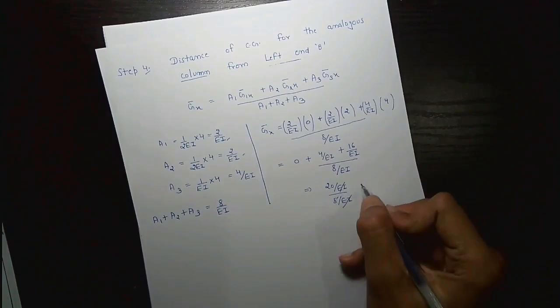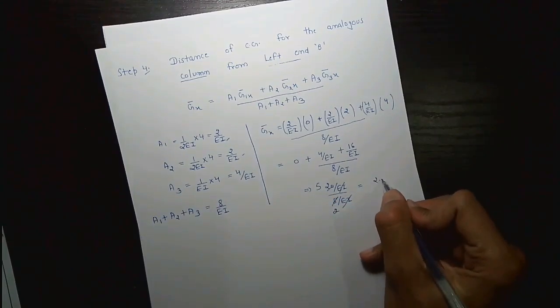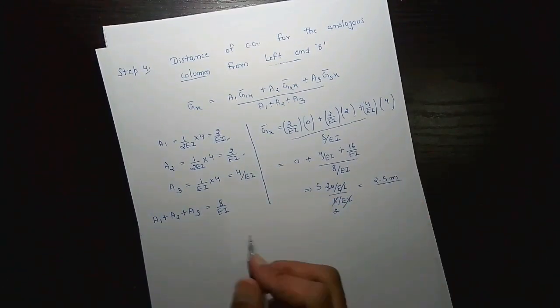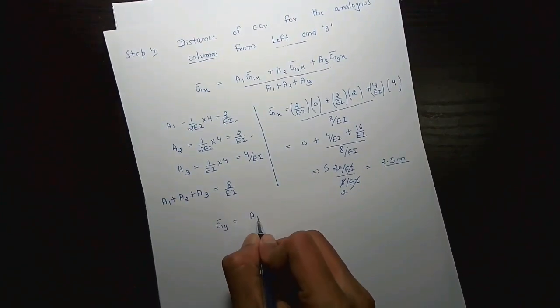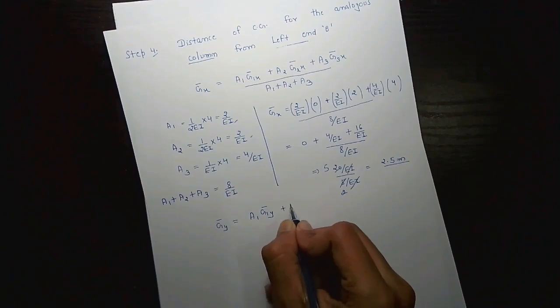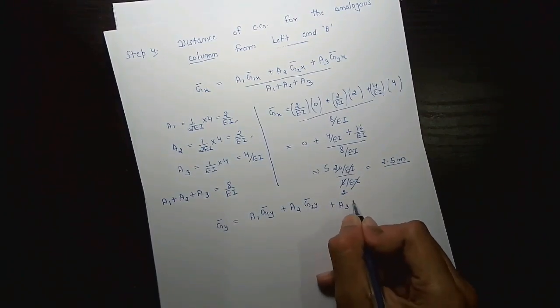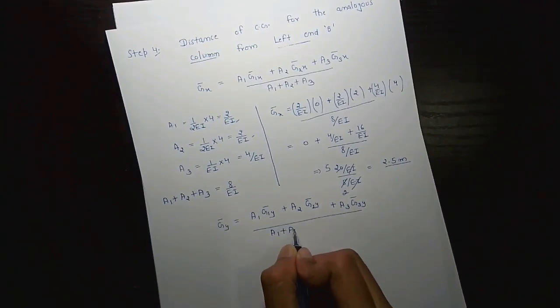So it will be equal to 2.5 meter from B in x direction. And for Gy bar, it is A1 G1 y bar plus A2 G2 y bar plus A3 G3 y bar divided by A1 plus A2 plus A3.